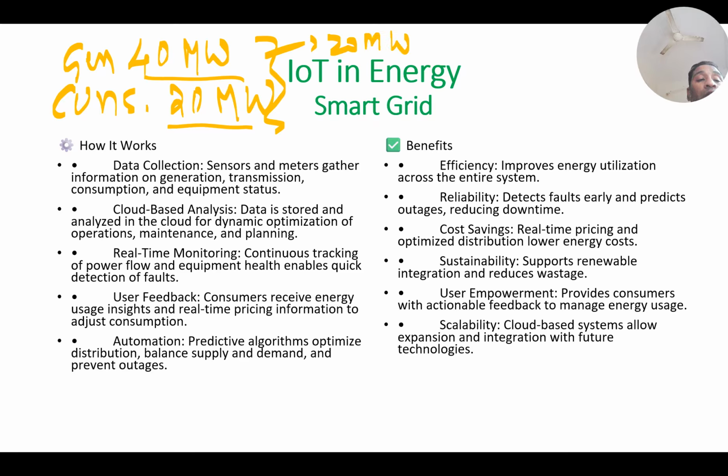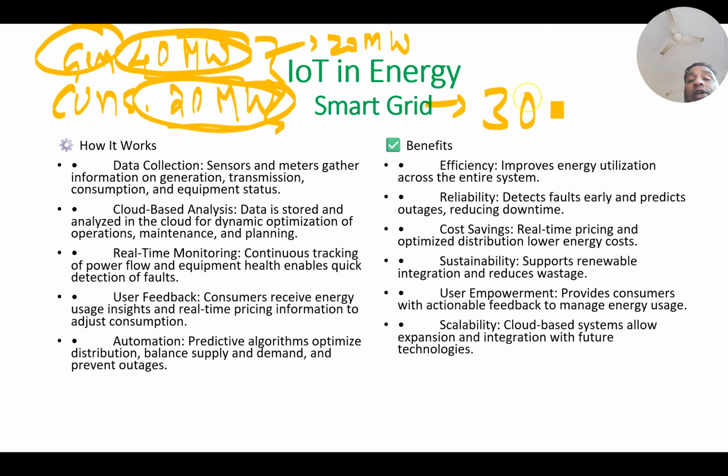Now, if I have the information at the generation side that the consumption is only 20 megawatt, then I can limit my generation to only 20 megawatt. If my consumption is 20 megawatt, generation is also 20 megawatt. If consumption increases to 30 megawatt, then simultaneously I will also start generating 30 megawatt by burning the coal.